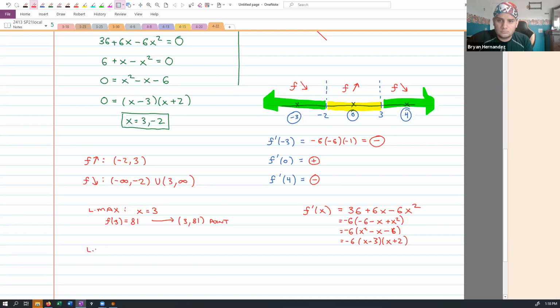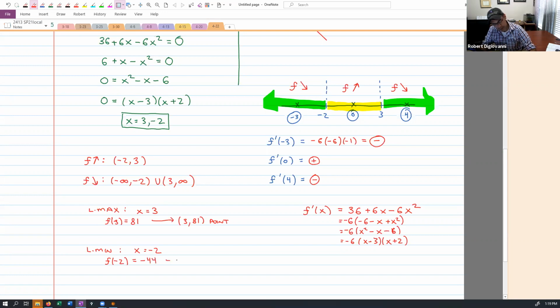Now, in terms of a local minimum, that happens here at -2 because we go down and up. So we have that at x equals -2. If I plug -2 into the original function, I'm getting -44.